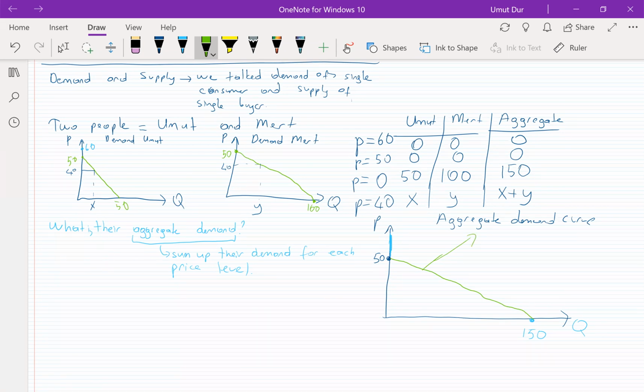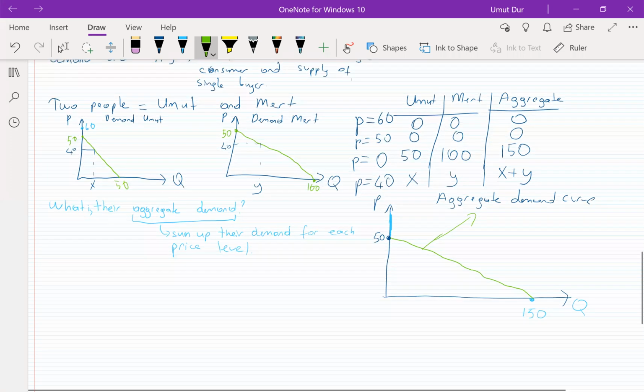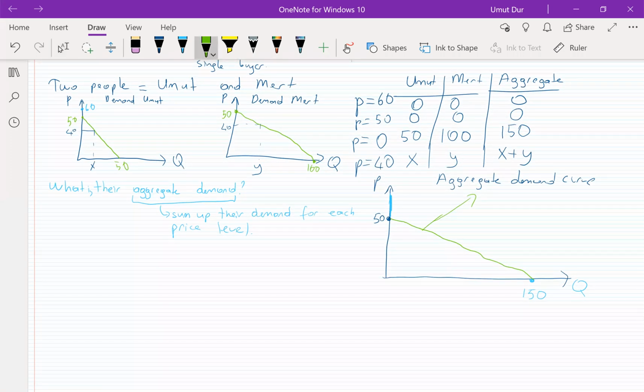So this is one case. Is this clear? This is very simple. I'm just adding up the numbers for different price levels. Now suppose that I will draw them on one graph, not two different graphs.